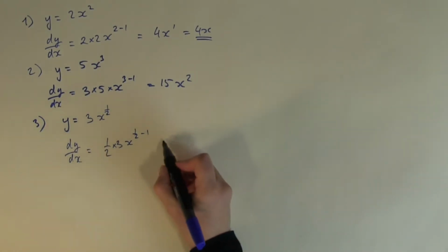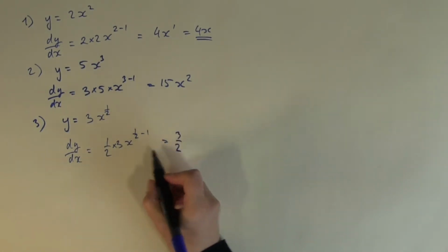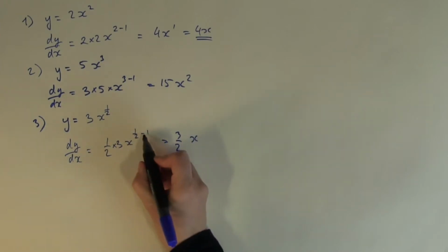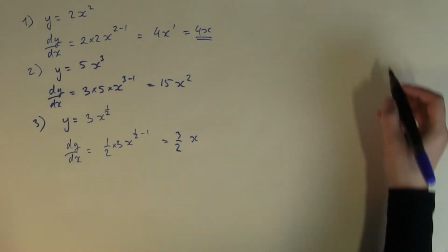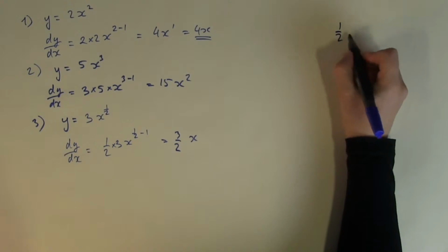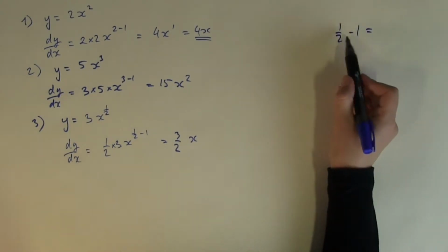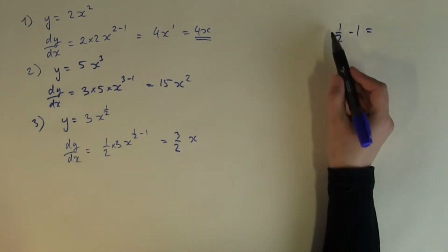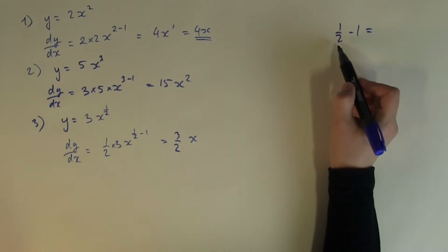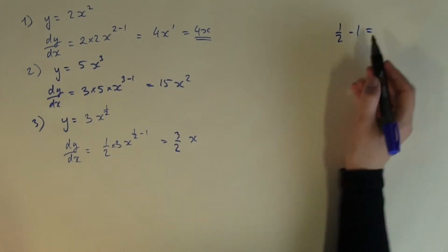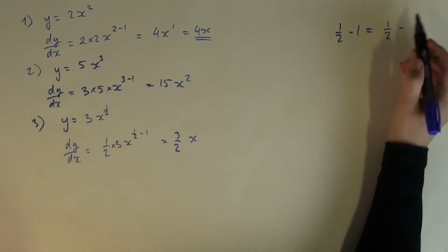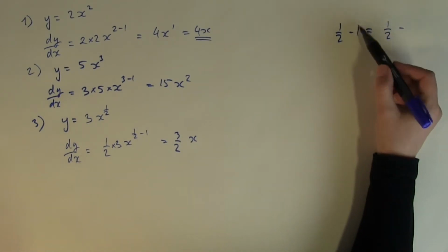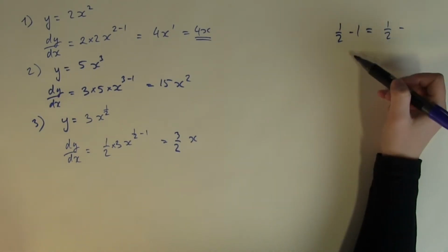Now 3 times a half gives me 3 halves, but what is a half minus 1? I'm going to calculate here. A half minus 1. When I need to take away fractions, I need to make sure that they have the so-called common denominator. So I need to change the 1 into halves. How many halves are there in 1?